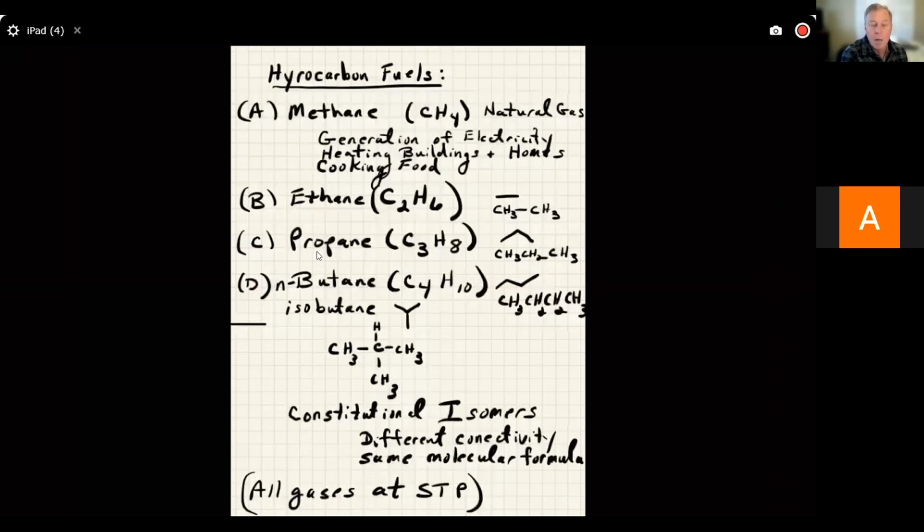All right. So the hydrocarbons. I have 4 different hydrocarbons on this first page. The simplest one we've already discussed before, methane, carbon and 4 hydrogens. Carbon always likes to have 4 bonds to it, not necessarily 4 things.